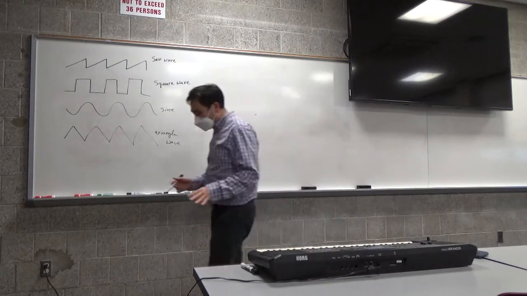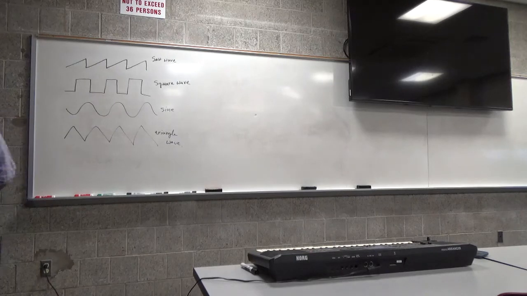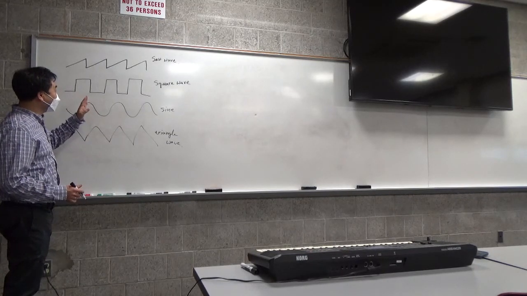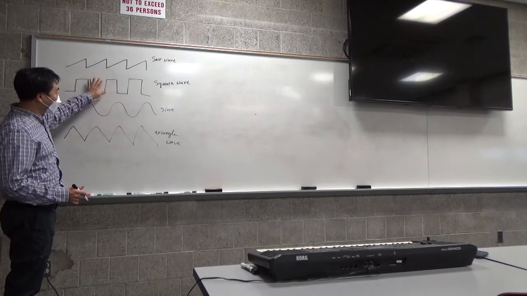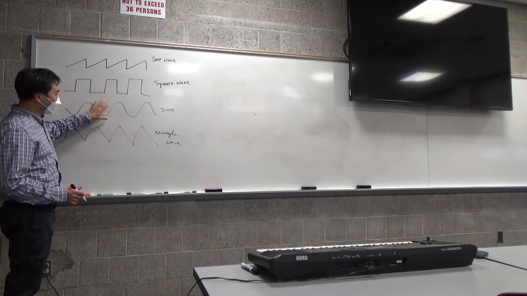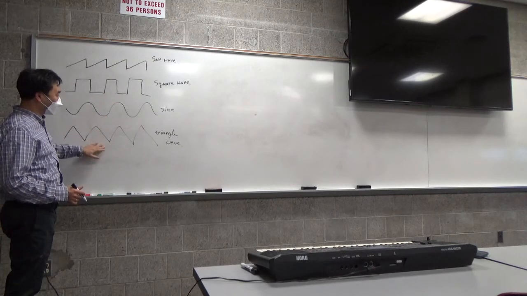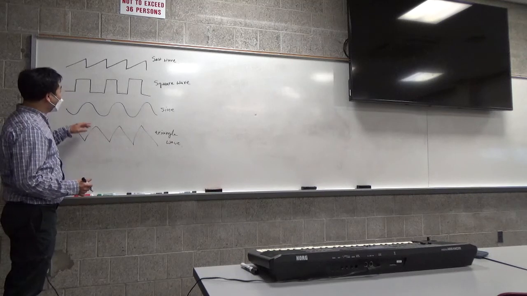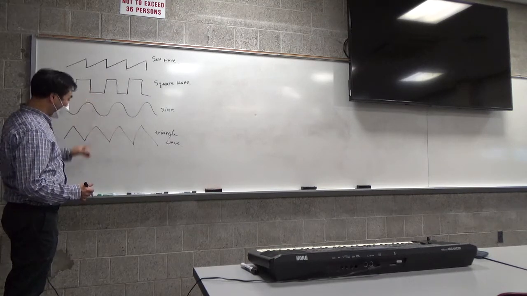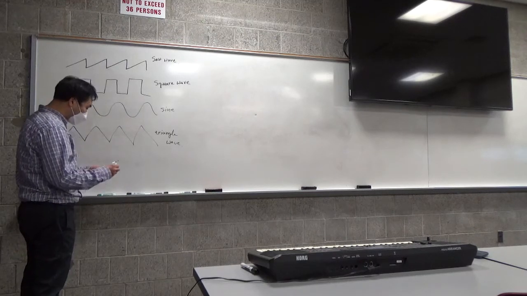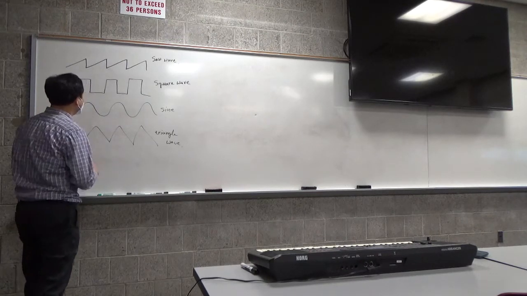So what I want to do now is actually talk about the Fourier series of the saw wave and the square wave, and then I might just say a little bit more about this one, but not much about the triangle. So what's a Fourier series of a saw wave? Well, you have to take a Fourier series of one period.